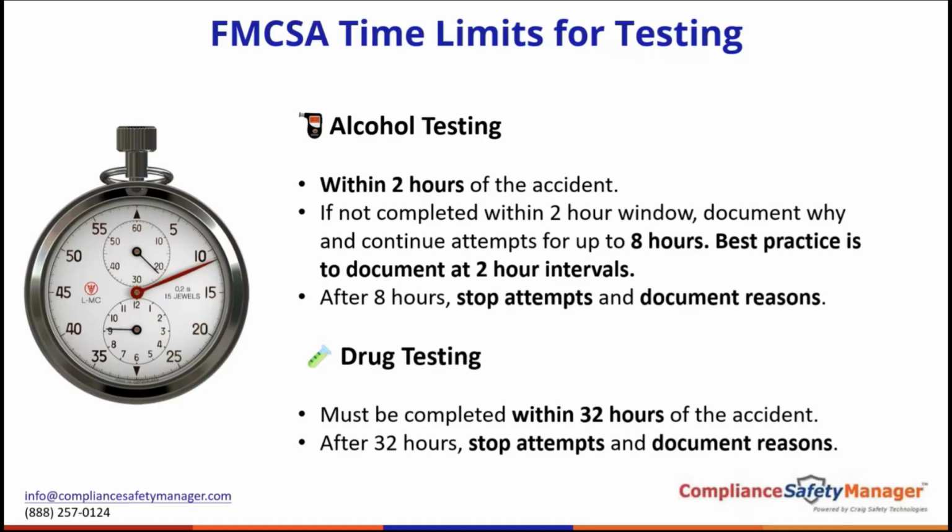And because of these time considerations, really best practice is to try to do both your screen and the confirmation test via a breath alcohol test. The last thing you want is to have a positive oral fluid test and not a positive breath alcohol confirmation test to back it up.